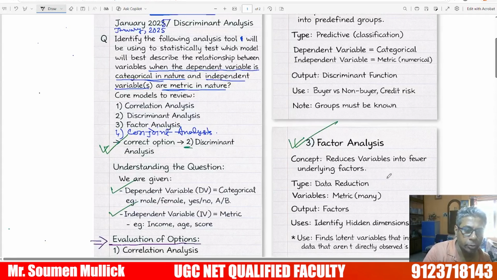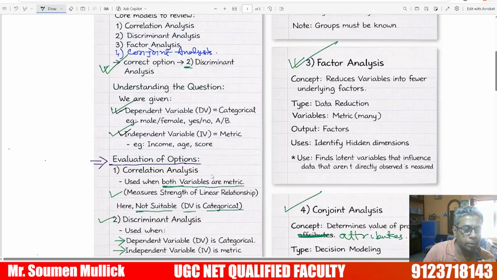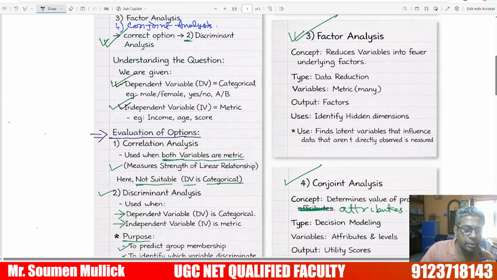Now understand the question. The dependent variable is categorical. Okay, fine. Independent variable is metric, like income. Categorical means male, female, yes, no, like this. Okay, evaluation of the options. Correlation analysis is used when both variables are metric, to measure the strength of linear relationship.